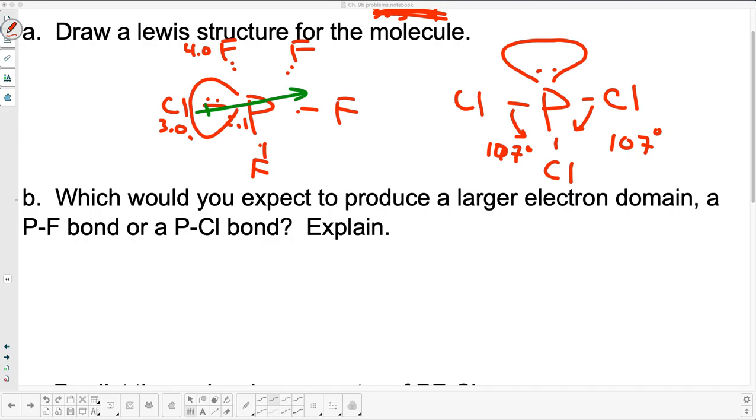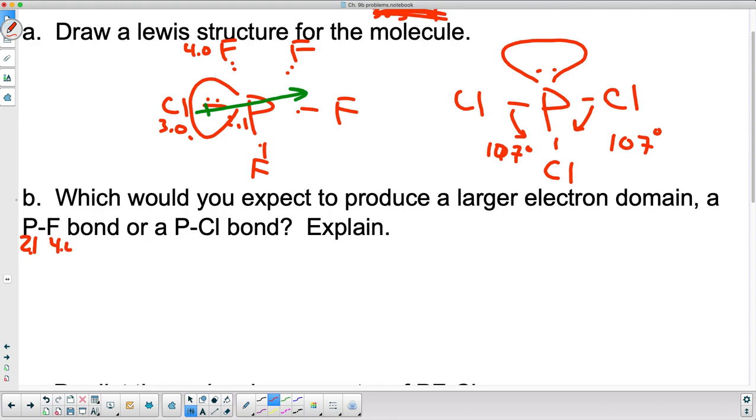Now if we take a look, the PF bond is going to have a difference. I think P is 2.1, and obviously F is 4.0. I forget which one it is.